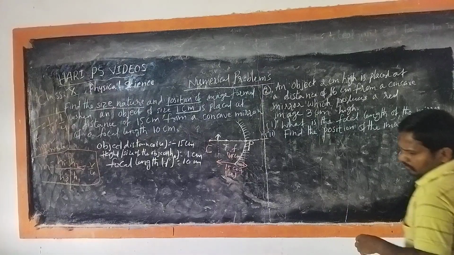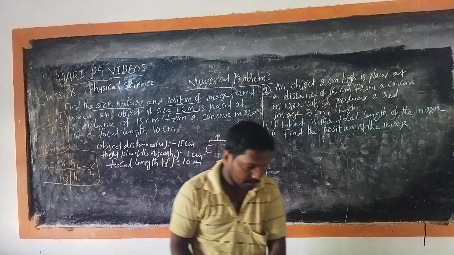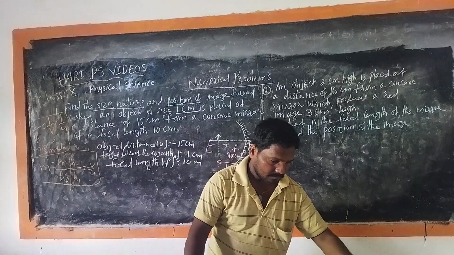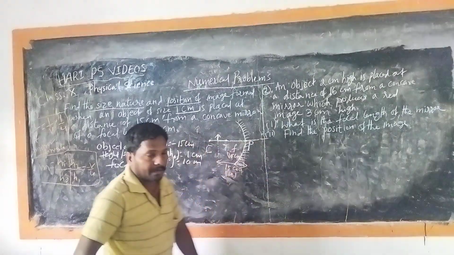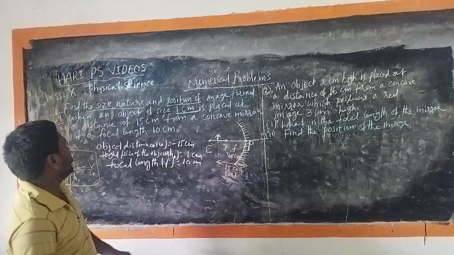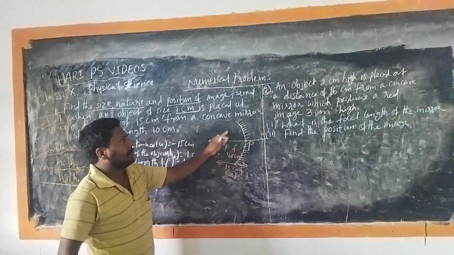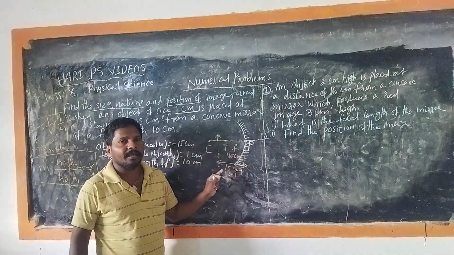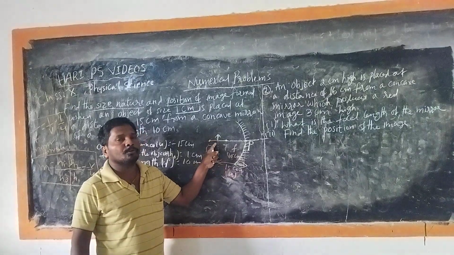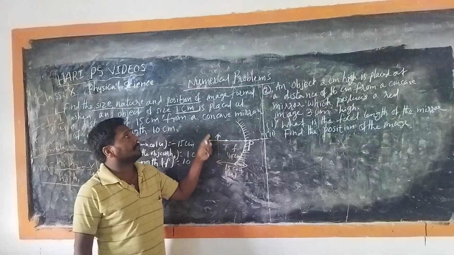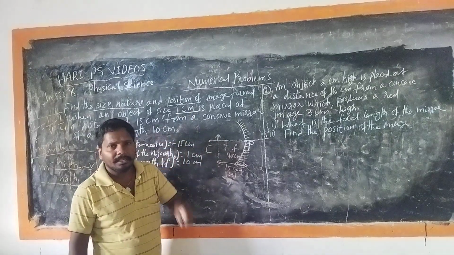Let us find out the values. First, what do you have to find? The position of the image. It is simple. Whenever you draw a rough diagram and know the position of the object, identifying the position of the image is very easy.